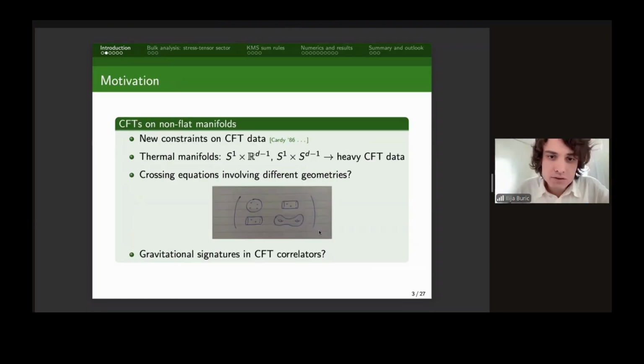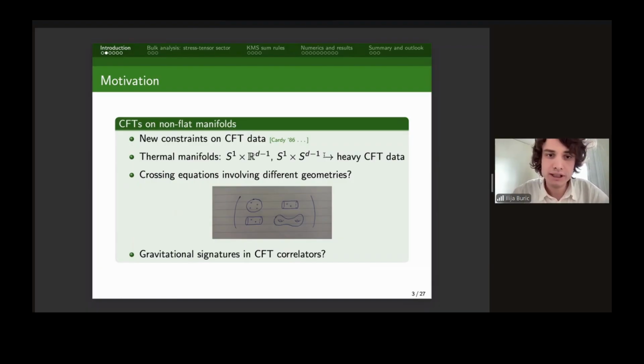So now to properly start, for me, some of the main motivations to look at CFTs at finite temperature are the following. Starting from roughly 40 years ago, we understand that constraints on manifolds that are not flat space are quite powerful. And the classic example is given by the torus in two dimensions.